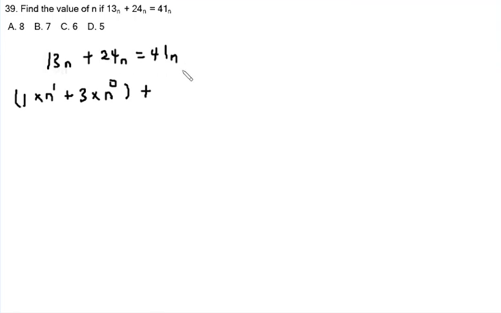So I'll say 2 times n plus 4 times n, in increasing powers, I'll be saying for n 0 and 1. And then this is equal to, for 41, I'll be doing the same thing. 4 times n plus 1 times n. Okay, so for increasing powers, I'll be saying 0 and 1.